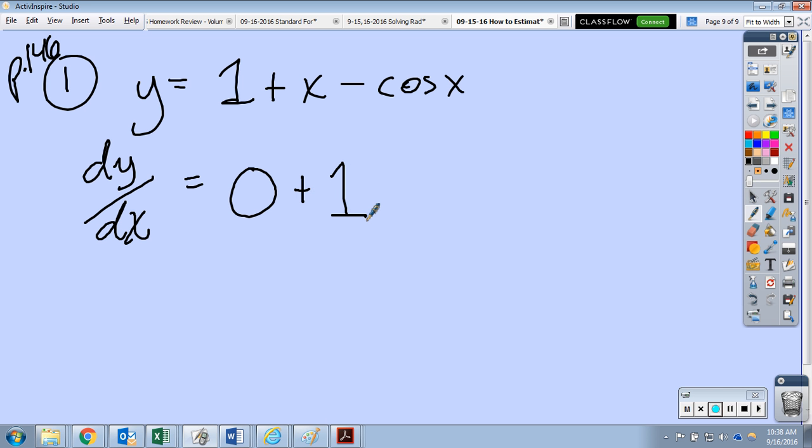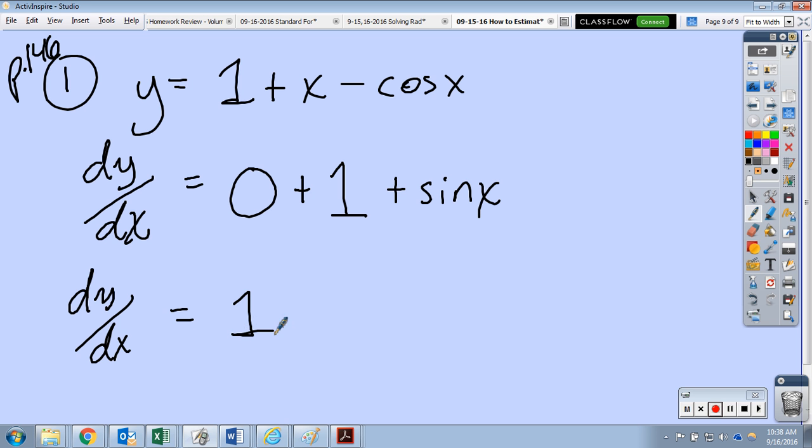And then the derivative of cosine is negative sine x. So the derivative of negative cosine x would just be positive sine x. So dy/dx is equal to 1 plus the sine of x.